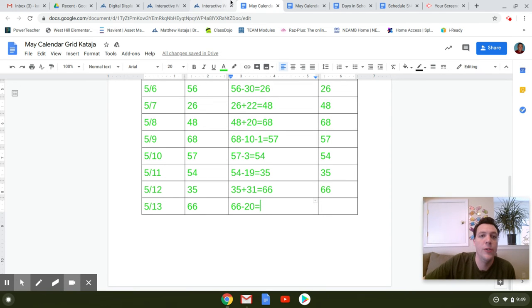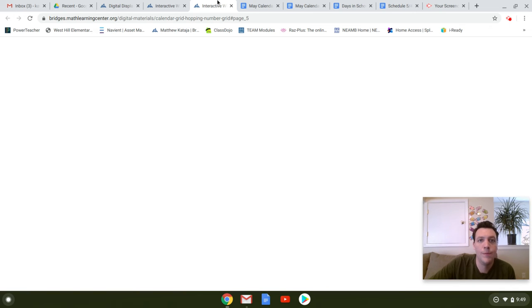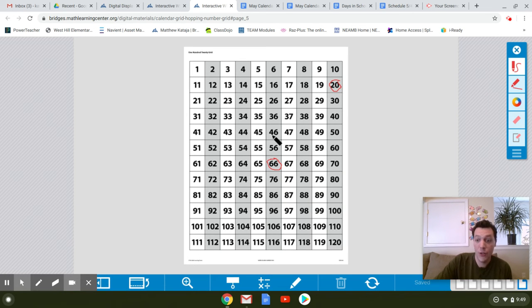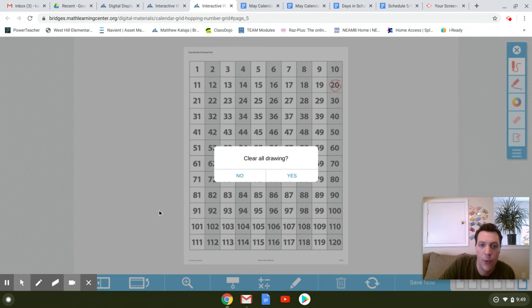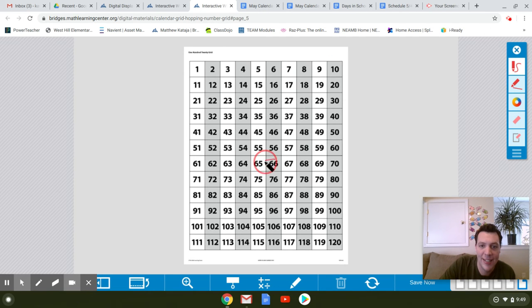Or you can use your 120 grid. Now, should we go to 20? No. So I wanted to make sure we know we don't go to 20. We start at 66 and we are going back 20. Should I count out 1, 2, 3, 4?